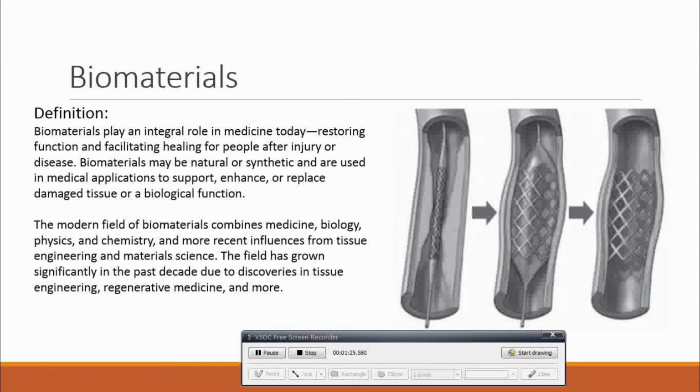So for example, if a person has a fractured bone, right? What they have to do is a little operation in the part where he has this fracture, and then most probably they will try to put a plate or screws.